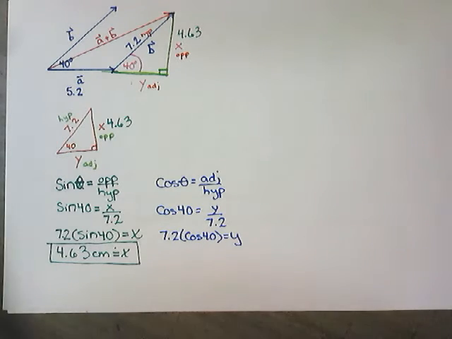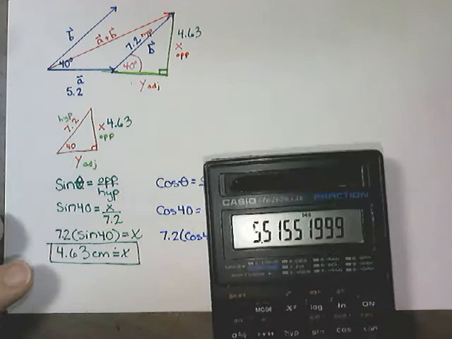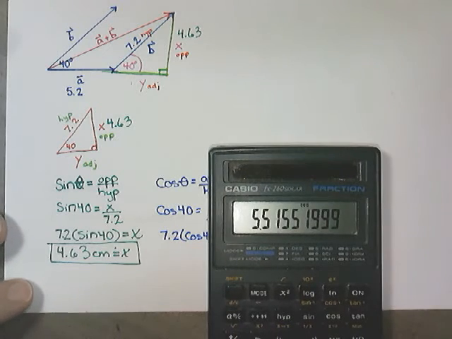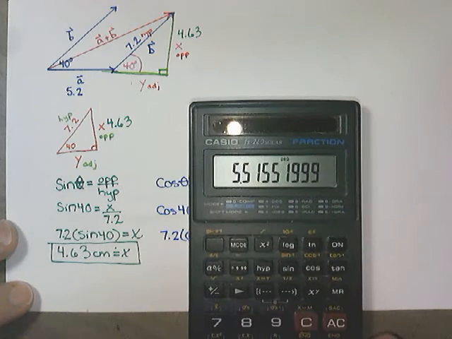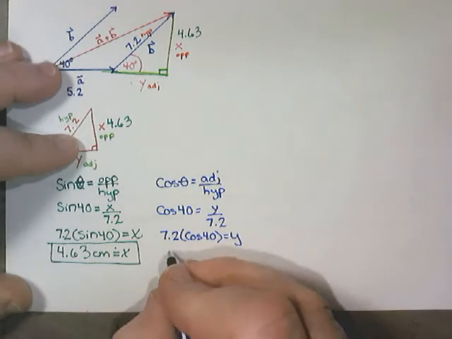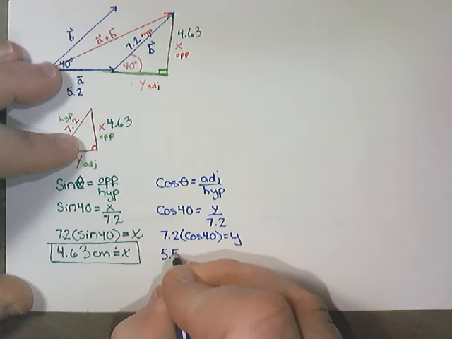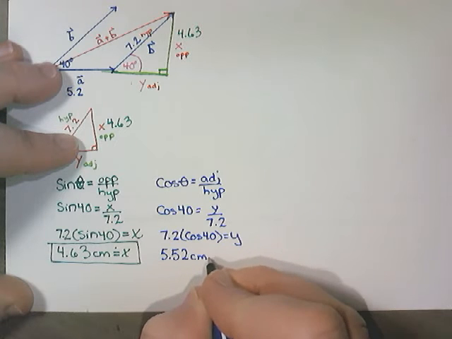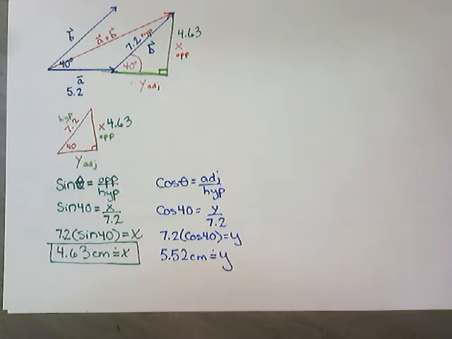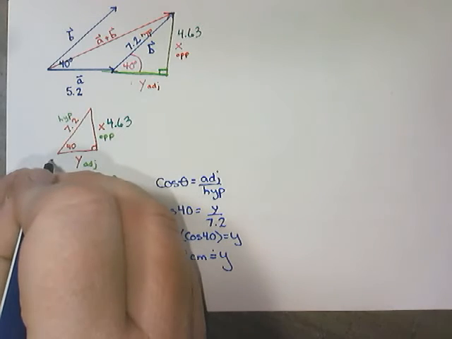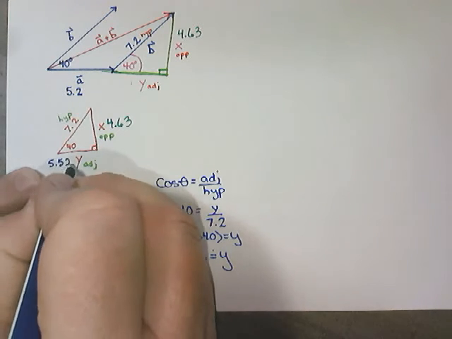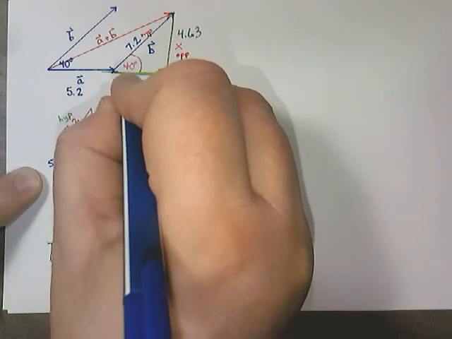And then calculate. All right, and I ended up with 5.515, so 5.52. Which means this down here is 5.52, and this part here is 5.52.